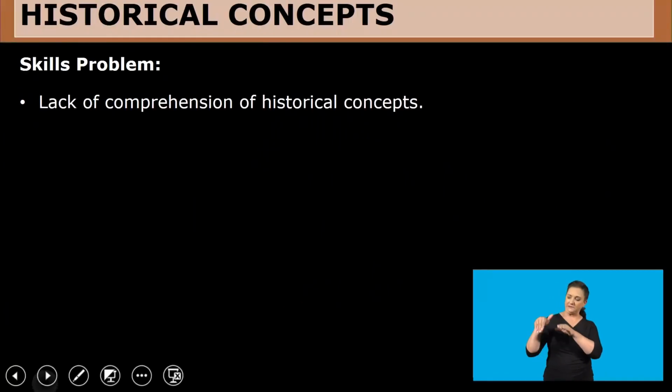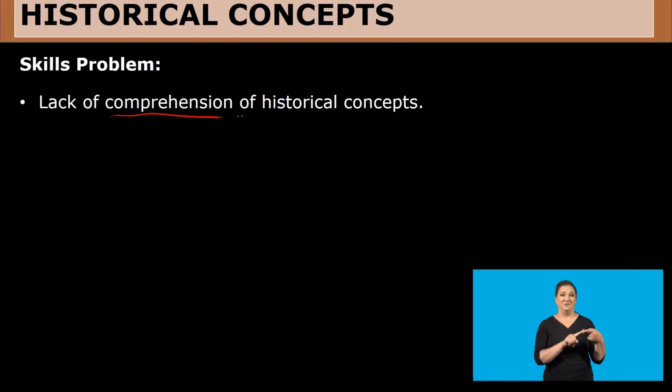Welcome back. Now, let's look at how you can apply the different skills when answering exam questions. The first thing we're going to look at is historical concepts. Now, the problem here is lack of comprehension of historical concepts. Remember, I showed you those historical concepts or keywords that you should be able to define in your own words.